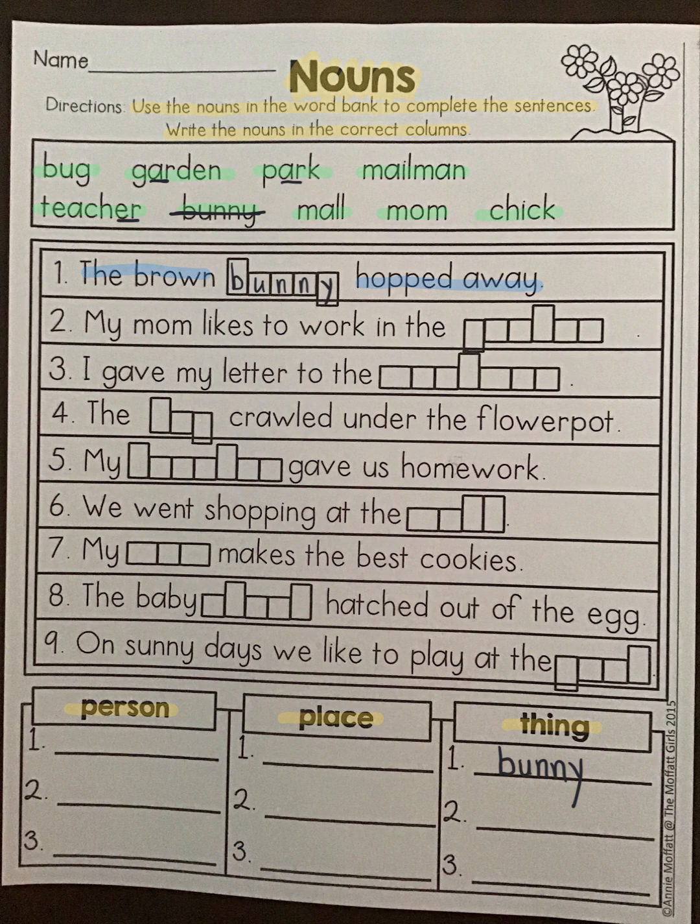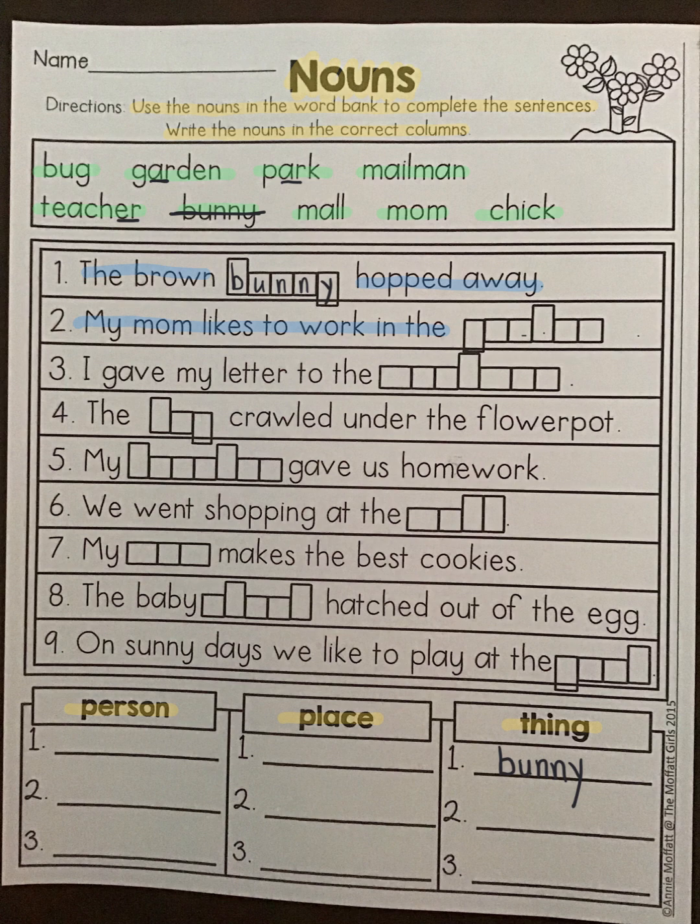All right, our next sentence. My mom likes to work in the blank. Where does my mom like to work? Let's count how many boxes. 1, 2, 3, 4, 5, 6. So I know my word is going to have 6 letters. My mom likes to work in the bug?